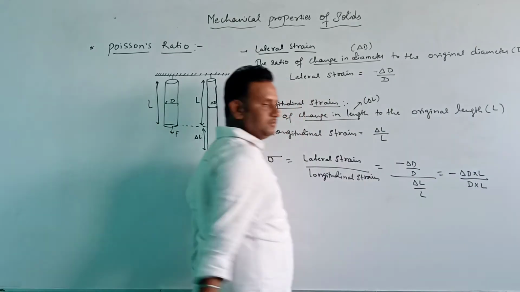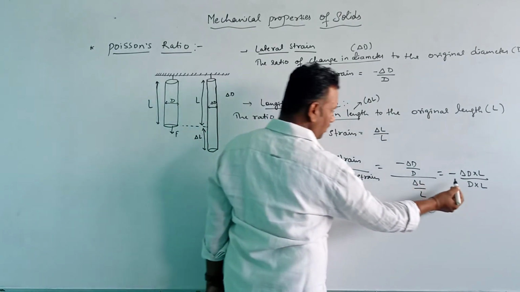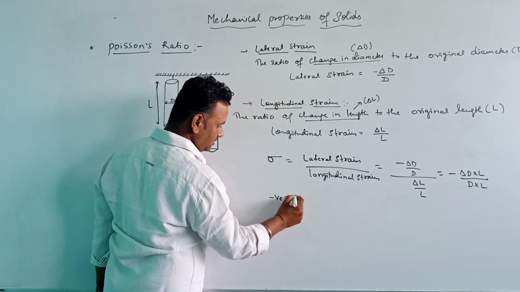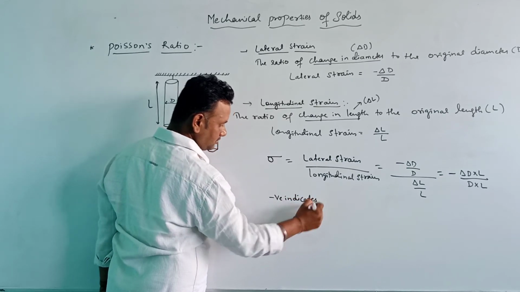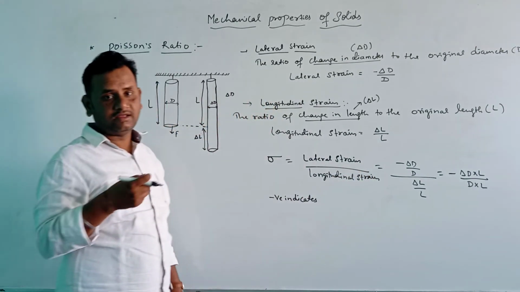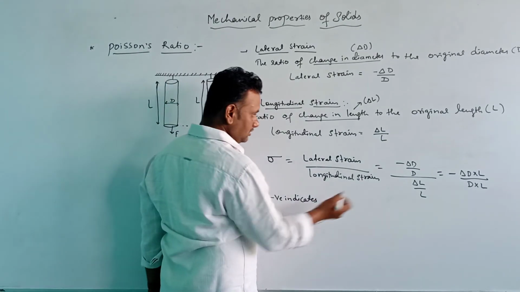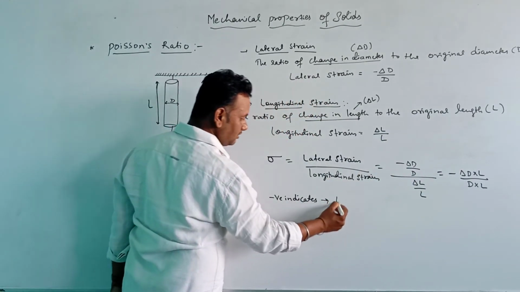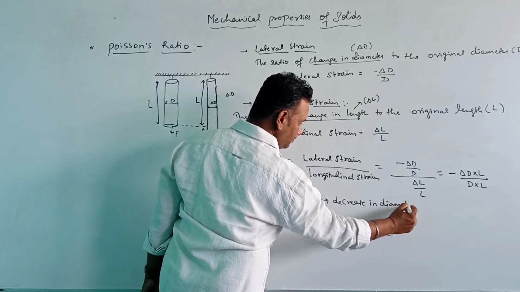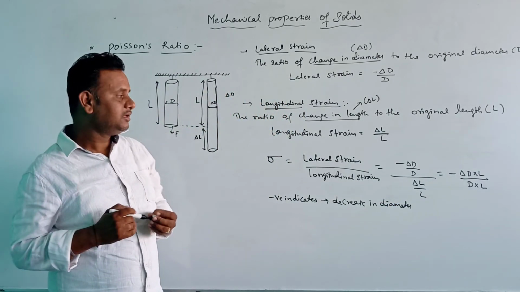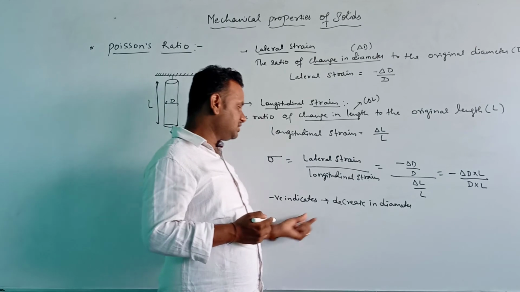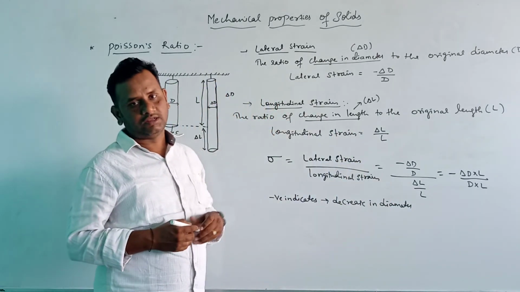The negative sign indicates that there is a decrease in the diameter of the wire or bar. That is why we indicate a negative sign here.